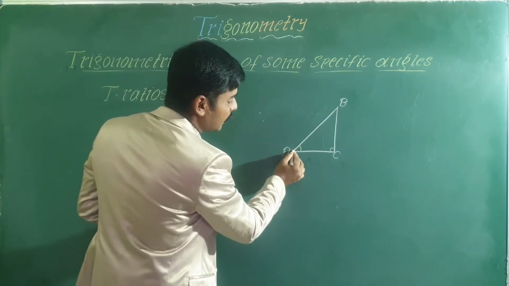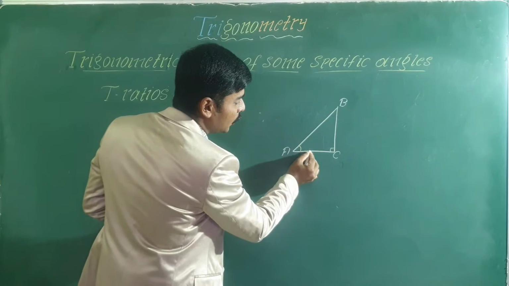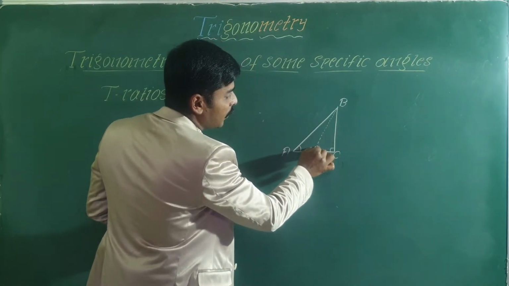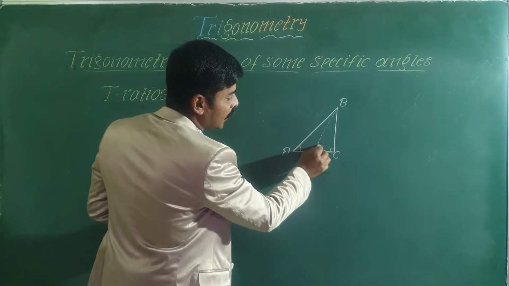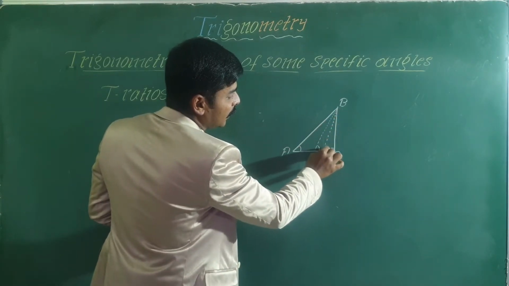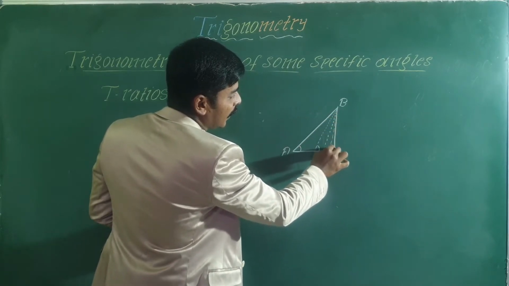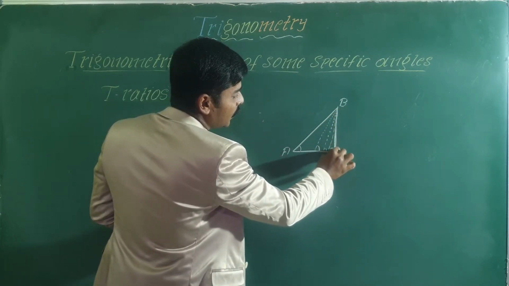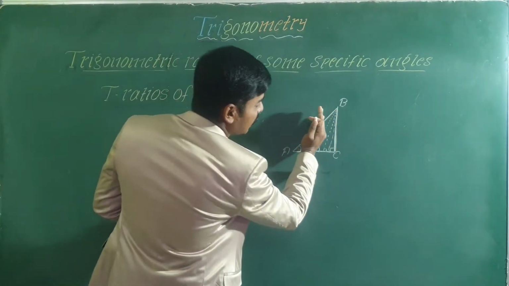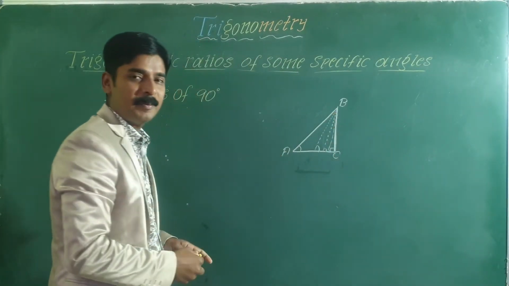Just move this point A towards C. When you go on moving the point A towards C, this angle goes on increasing. It increases, and finally it will coincide with BC.